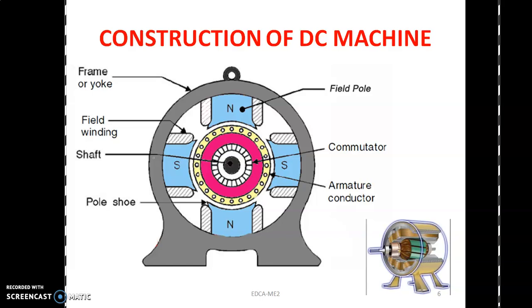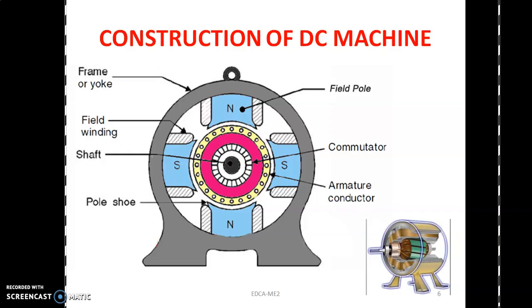In first year you have already studied Faraday's law, that is, Faraday's first law and second law. Faraday's first law is that whenever a conductor cuts a magnetic flux, an EMF will be induced. And Faraday's second law is that the EMF induced is proportional to the rate of change of flux linkages.